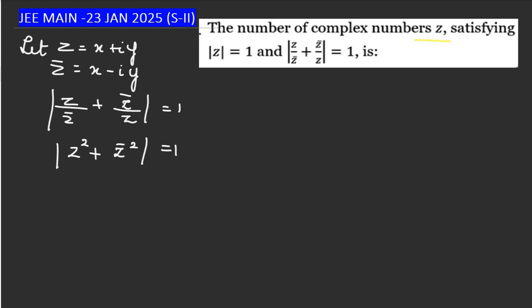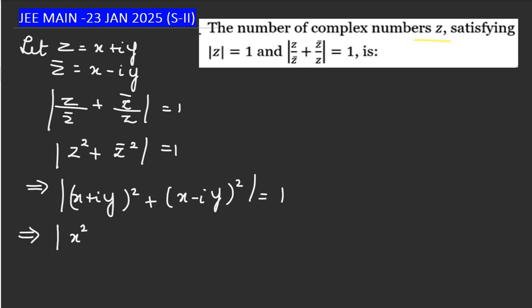Substituting the values, modulus of x plus iota y, the whole squared, plus x minus iota y, the whole squared, is equal to 1. This gives x squared minus y squared plus 2 iota xy, plus x squared minus y squared, minus 2 iota xy, is equal to 1.